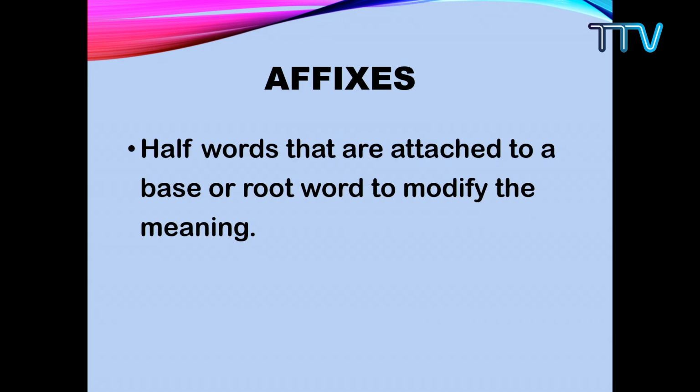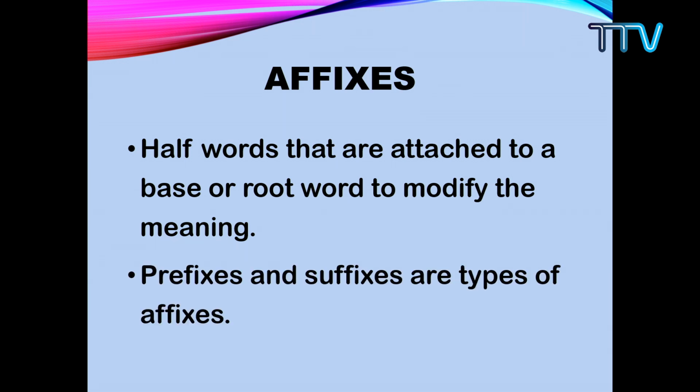Affixes we have already discussed, right? Word parts that are attached to a base or root word to modify the meaning of the word. So prefixes and suffixes are types of affixes. Just to review what we have done in the second session.